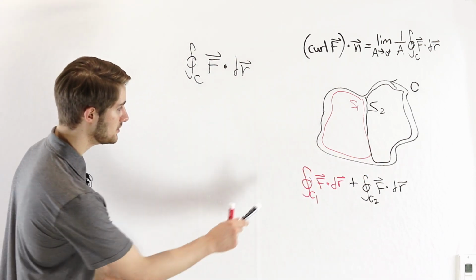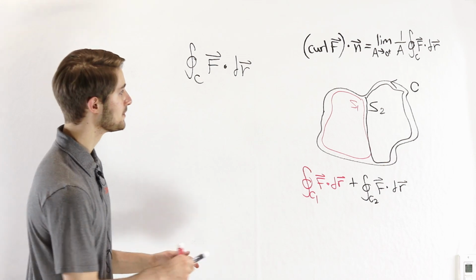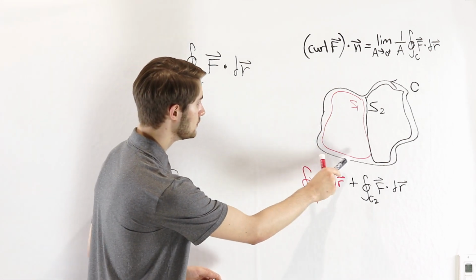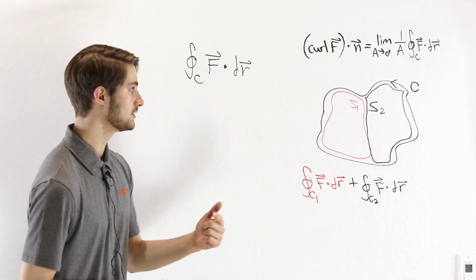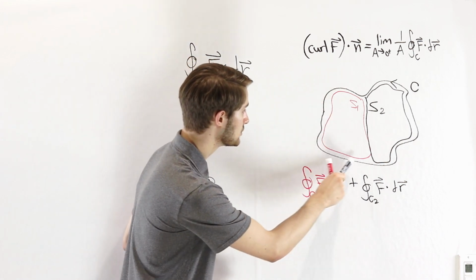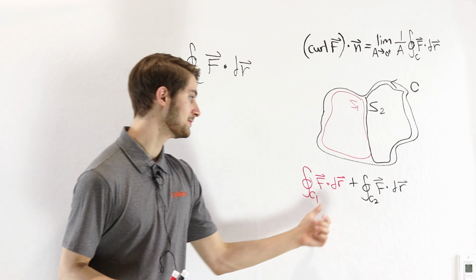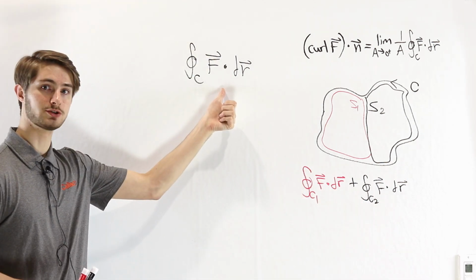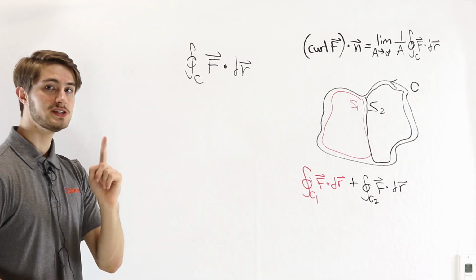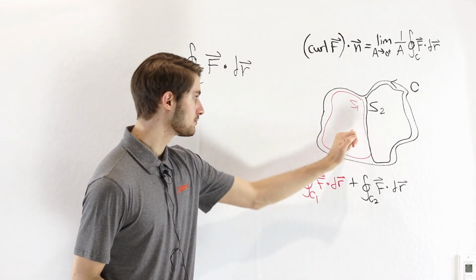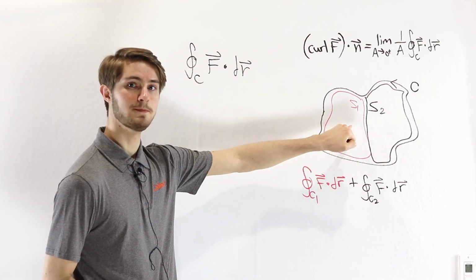Well, notice that when we do these two line integrals together, they're still going to include the boundary of the original surface. They're still going to have that original curve going all the way around. It's just going to be split between them. But when we add them together, we'll get our original result back. Let's look at the extra part that's added when we split up the surface, which is what's in the middle.